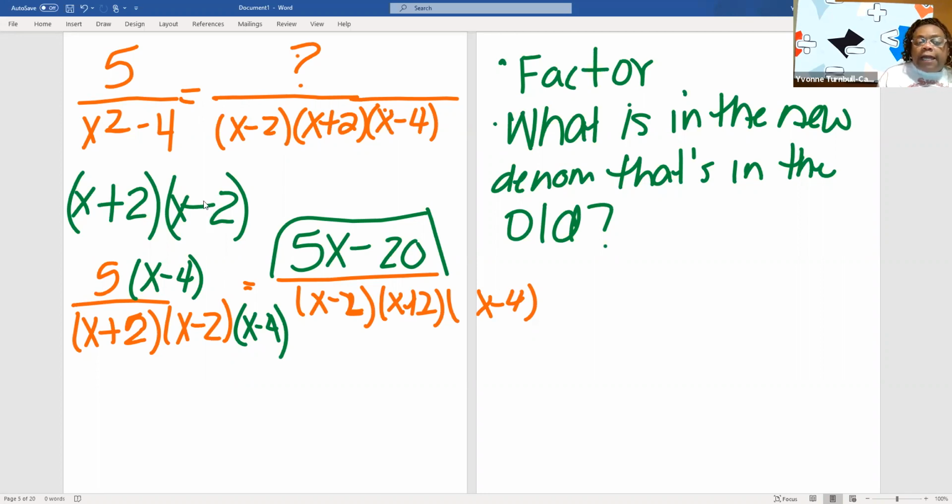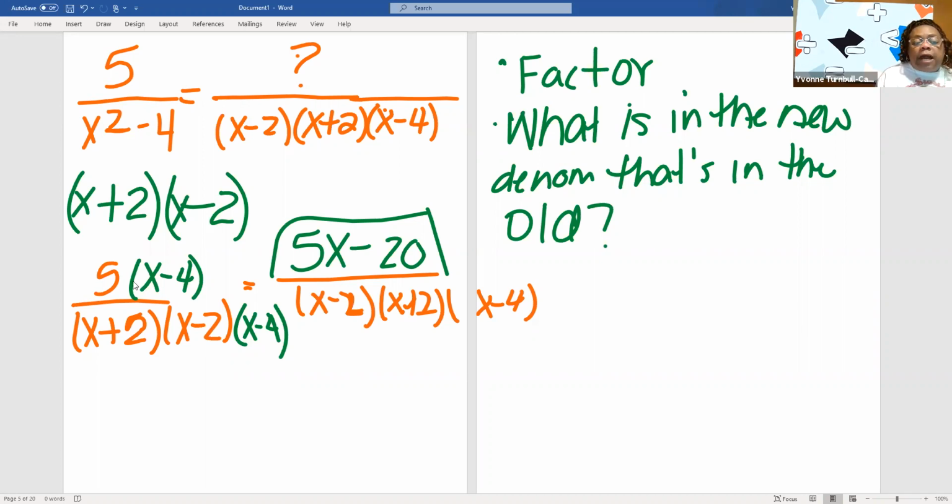I notice that the green did not have an x minus 4. So that is telling me that that is what they multiplied x squared minus 4 by in order to get that long denominator. So I rewrote the x squared minus 4 in its factored form right here. And now I'm multiplying my numerator and my denominator by that missing factor. Notice when I do that, I have the same denominator on both sides.